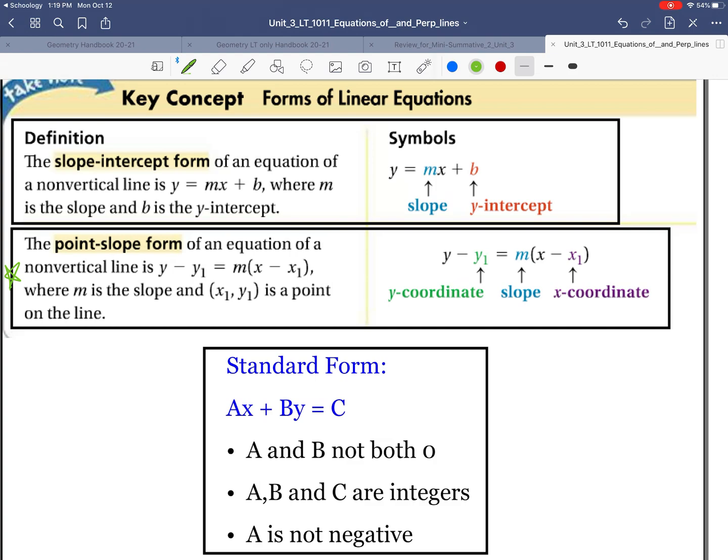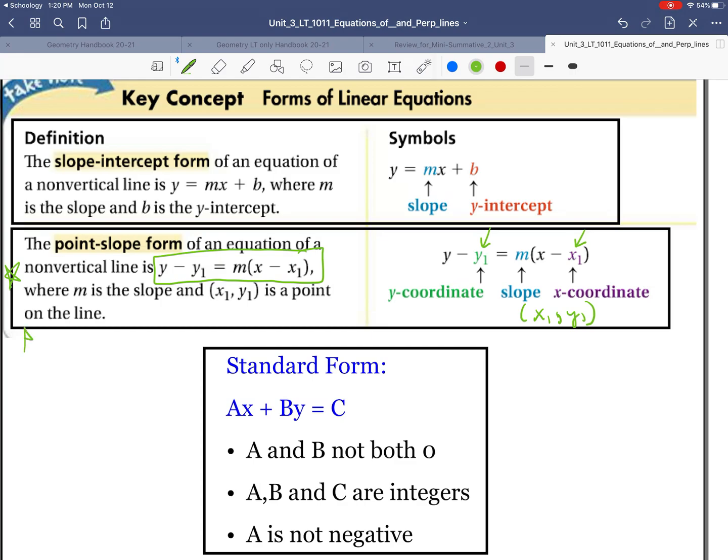Point-slope form stems from a point, x1, y1, and a slope of m. So we have this equation, y minus y1, which is the y-coordinate of the point, equals m, the slope, times x minus x1, x1 being the x-coordinate of the point.